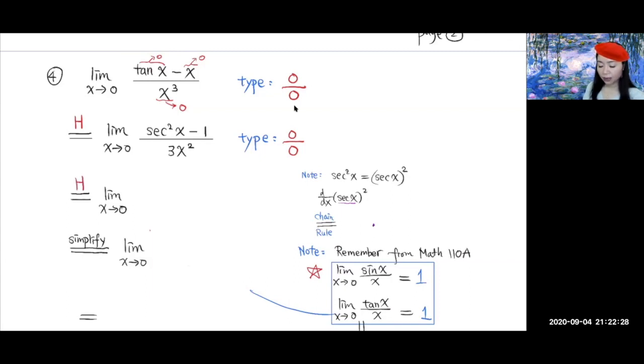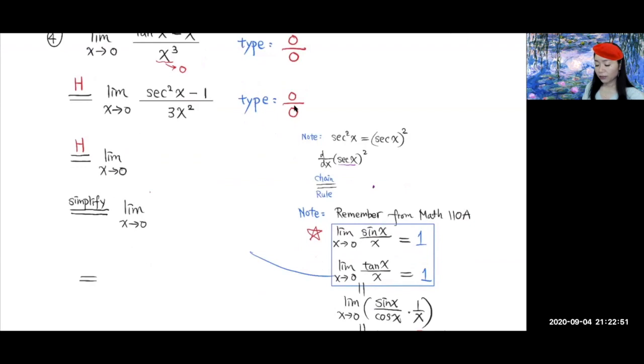Now we take the limit as x approaching 0. Now we're going to differentiate the numerator, the derivative of secant square of x. Secant square x is the same as the square of secant x. It's just two different notations. When you differentiate the square of secant x, secant x is the inner function, so we need to apply the chain rule.